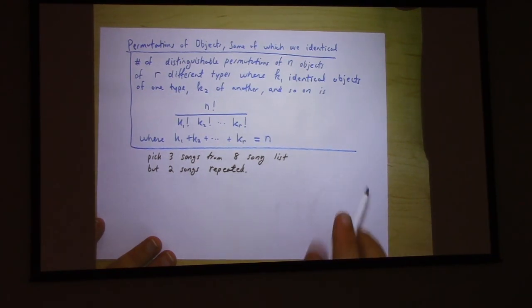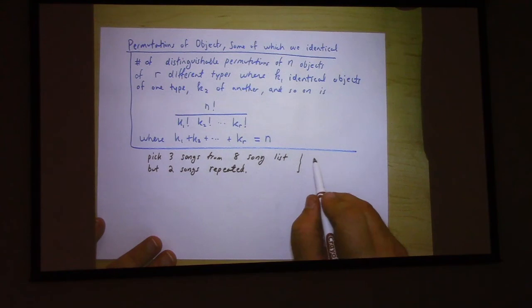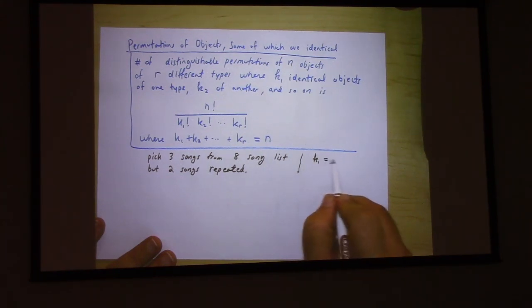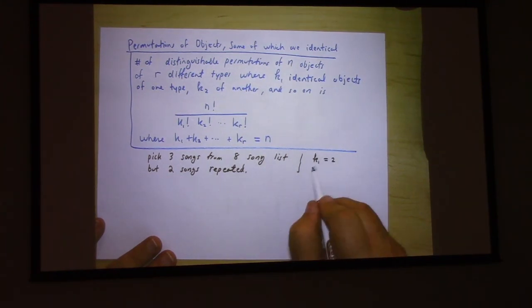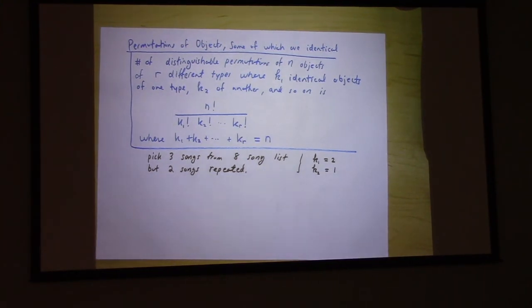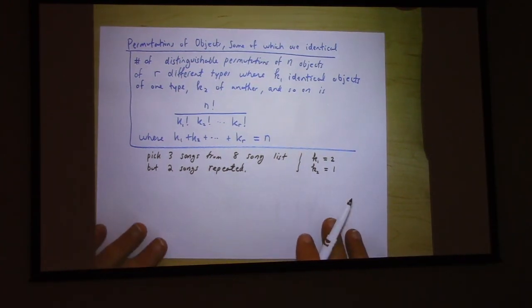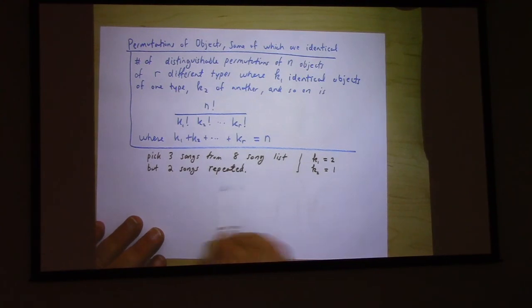So basically, how many different types of songs are we then? We've got K1. Let's say K1 is the one repeated. And then we've got K2, which is 1. So I'm saying 3 total songs, 1 of them is repeated. So I'm picking the same song twice. There's 2 of those, and there's 1 of the other. And so the number of permutations in this sense would be 3 factorial.